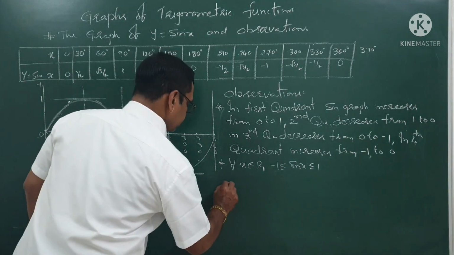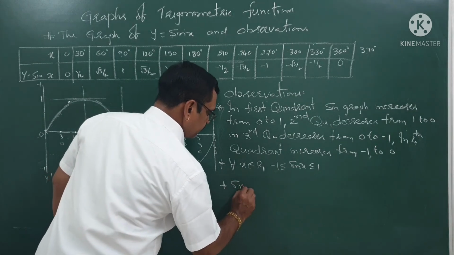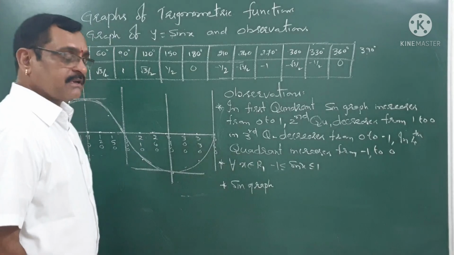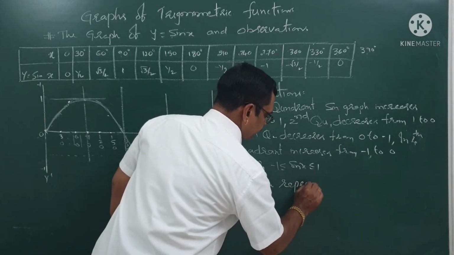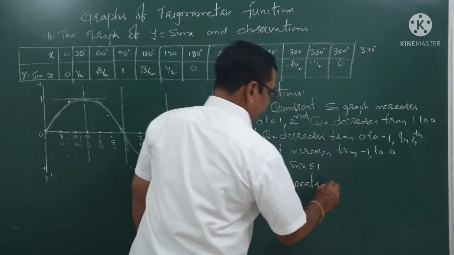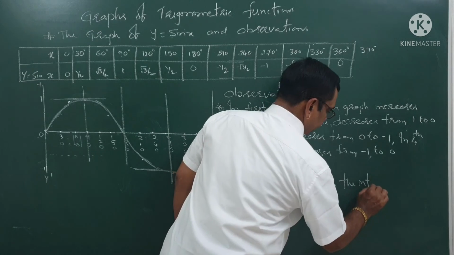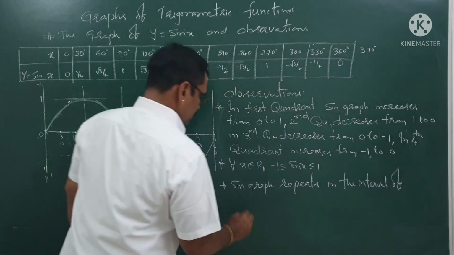Third observation is, the sine graph repeats in the interval of 2 pi radians.